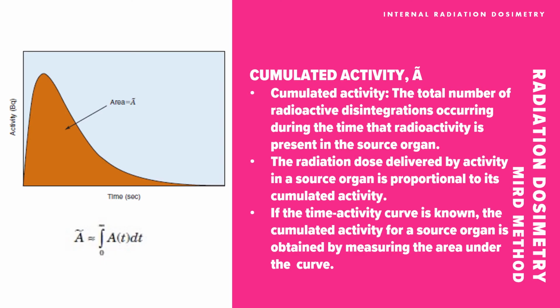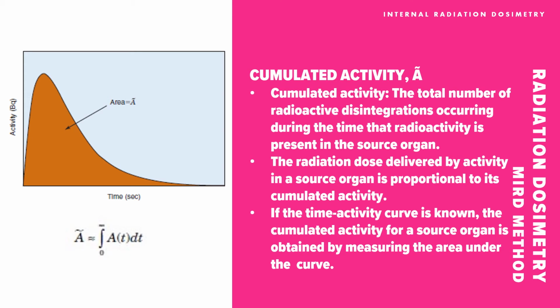If you have a graph like this where the x-axis is the time in seconds and the y-axis is the activity in becquerel, the area below the graph is the cumulative activity. So how can you measure it? If you look back into mathematics, whether you learned it at SPM or in foundation, I'm not sure, but because my background was engineering, this kind of mathematics was always there each year of my degree.